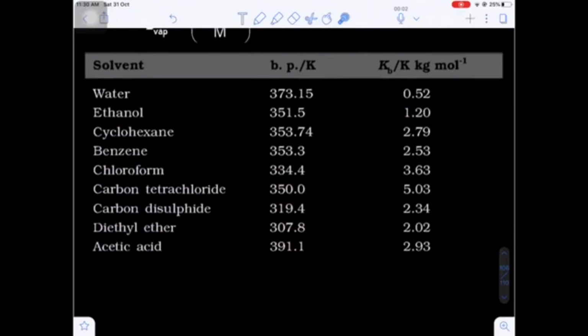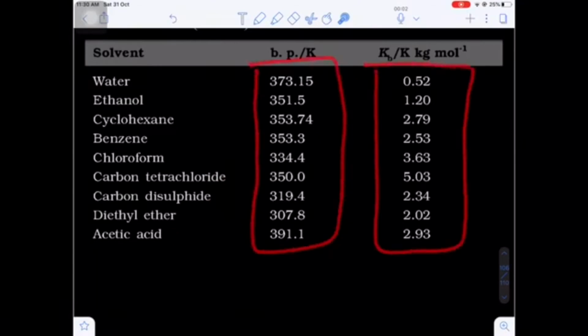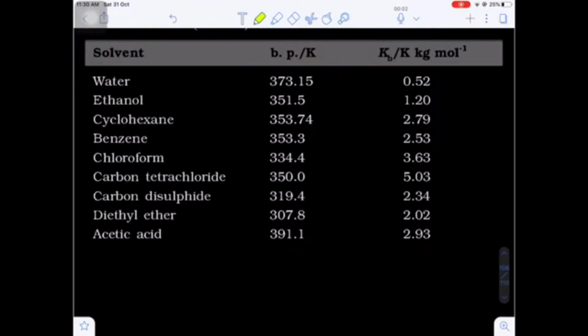Now the important solvents are listed here: water, ethanol, cyclohexane, benzene, chloroform, carbon tetrachloride, carbon disulfide, diethyl ether, and acetic acid. The corresponding boiling points and Kb values are also listed here. Remember, the Kb value should be given numerically in the question.